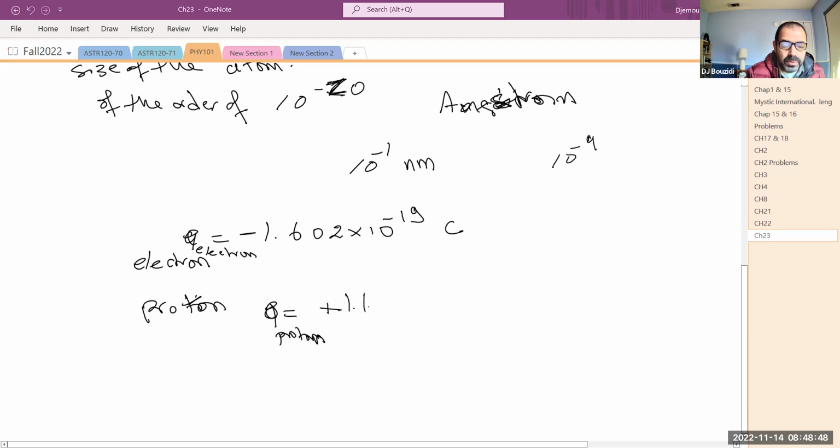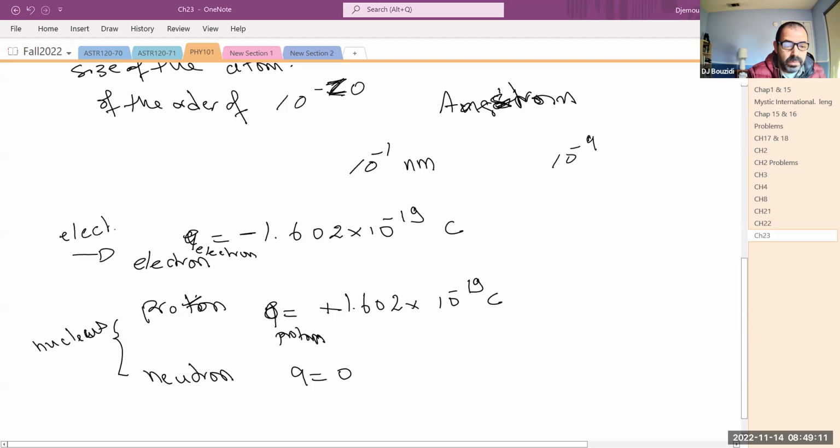It's a positive 1.602 times 10 to the negative 19 coulomb. Whereas the other particle inside the nucleus is the neutron. The neutron has a charge that is 0. So this is inside the nucleus. And this is the electronic cloud.